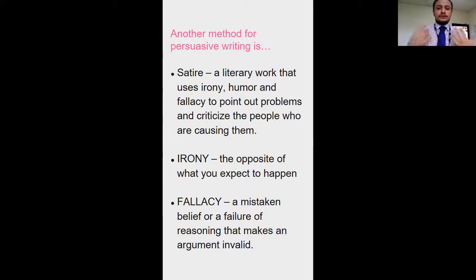You know what humor is, right? You may wonder what irony is. It's the opposite of what you expect to happen, right? For example, in Spanish, we have the expression "que irónico," and then you can fill the gap in there. The fallacy is a mistaken belief or a failure of reasoning that makes an argument invalid.